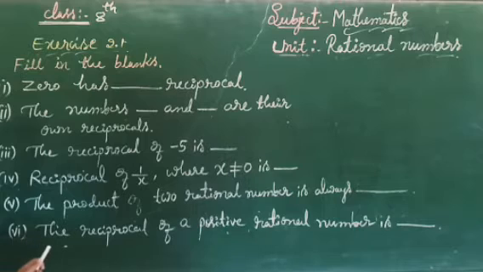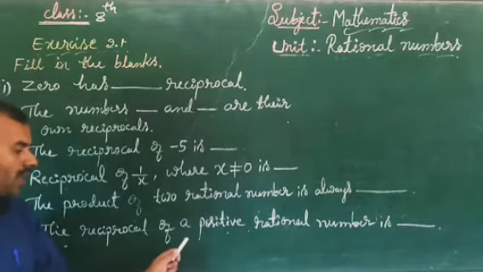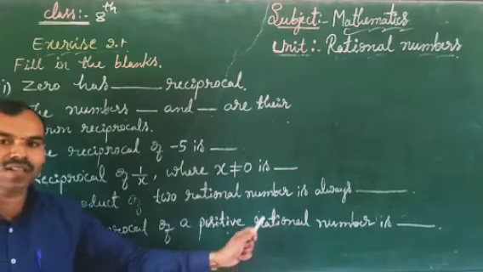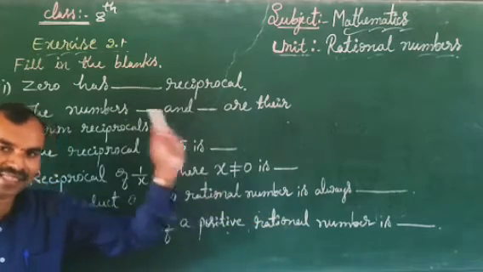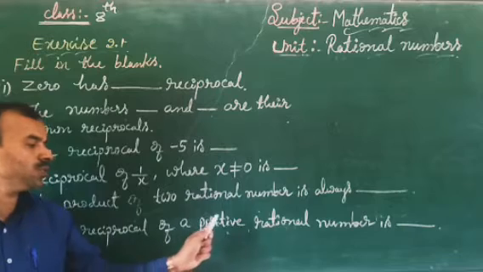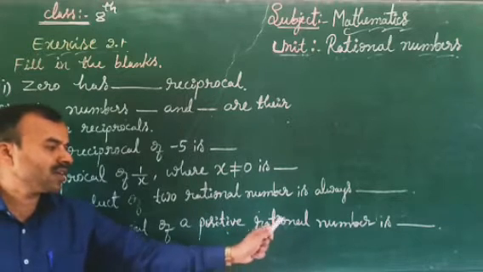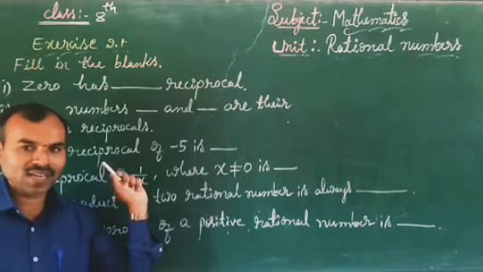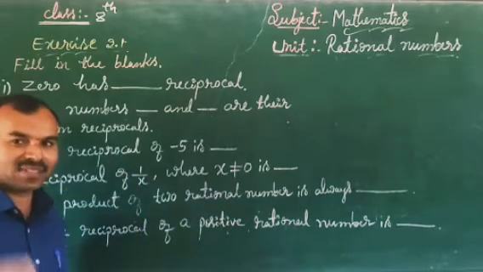And last one, the reciprocal of a positive rational number is dash. Okay, just try yourself.